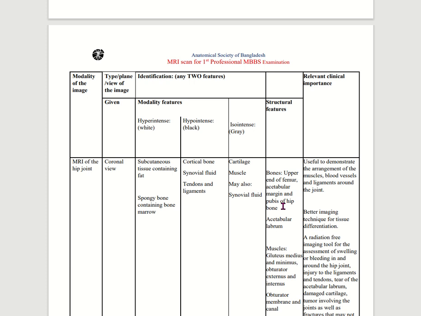This is the structural feature: bones, joint, muscles. You have to identify any two features selected by your examiner, and you have to tell the relevant clinical importance of these diagnostic features.